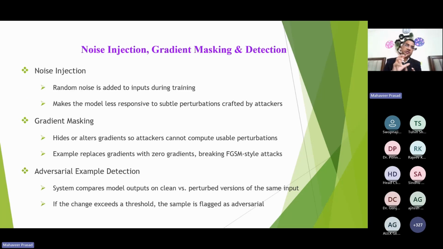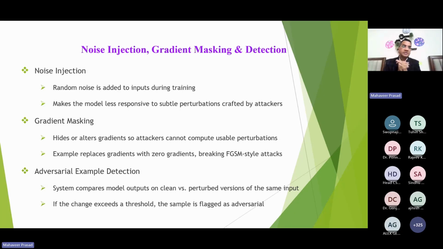So how can you add noise? Random noise is added to the input during training, which means your model is trained on noisy data. So even if the attacker changes the data a little bit by performing adversarial examples, our model will not misclassify that data. It makes the model less responsive to subtle perturbations.